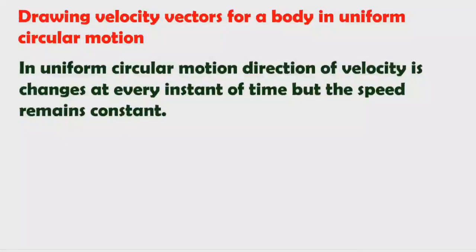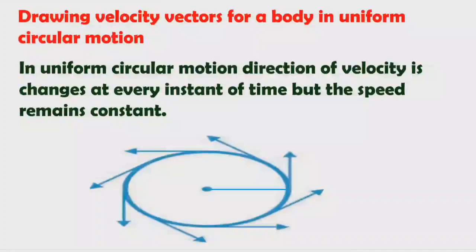In uniform circular motion, the direction of velocity changes at every instant of time, but speed remains constant. Here we can observe the direction of velocity. The direction of velocity is always tangential to the circle at that point.